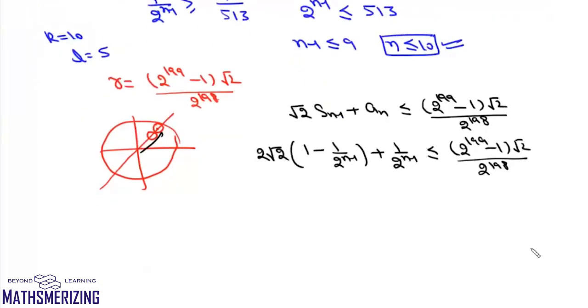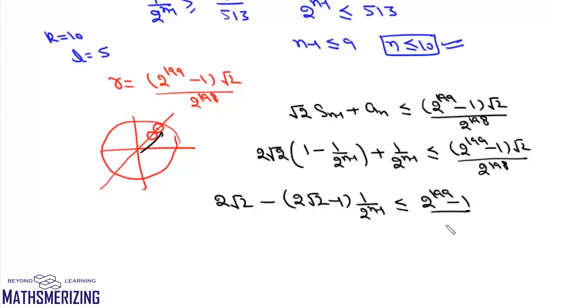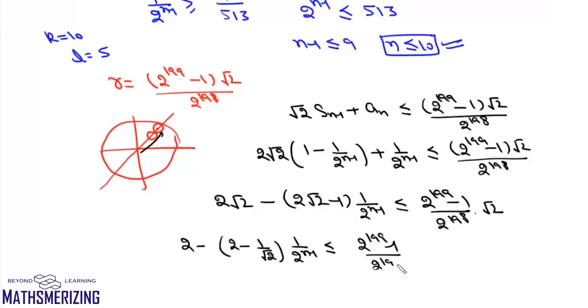Now we can simplify this as 2 root 2 minus root 2 into 1 upon 2 to the power of n minus 1 will be less than or equal to 2 to the power 199 minus 1 upon 2 to the power 198 into root 2. Now we'll divide everything by root 2. So we'll get 2 minus 1 by root 2 into 1 upon 2 to the power of n minus 1 will be less than or equal to 2 to the power 199 minus 1 upon 2 to the power of 198.